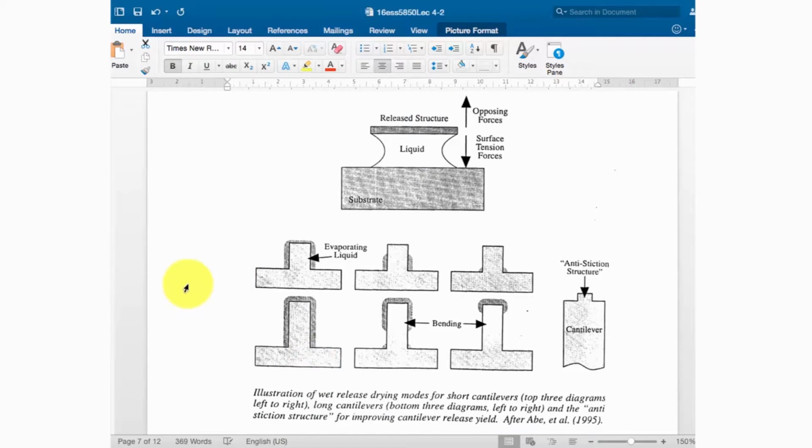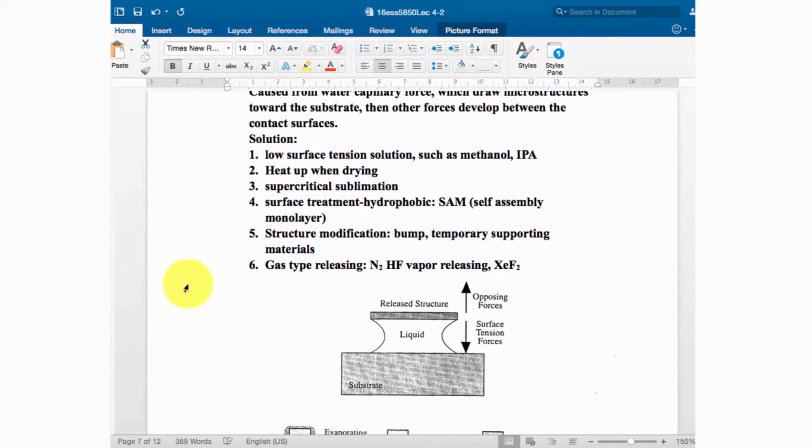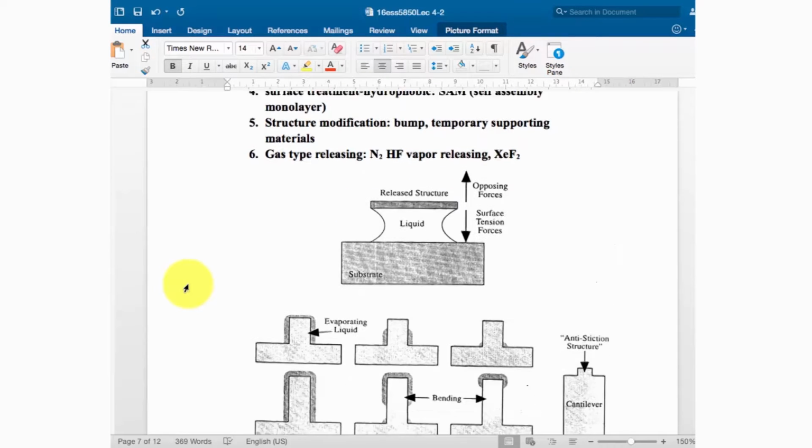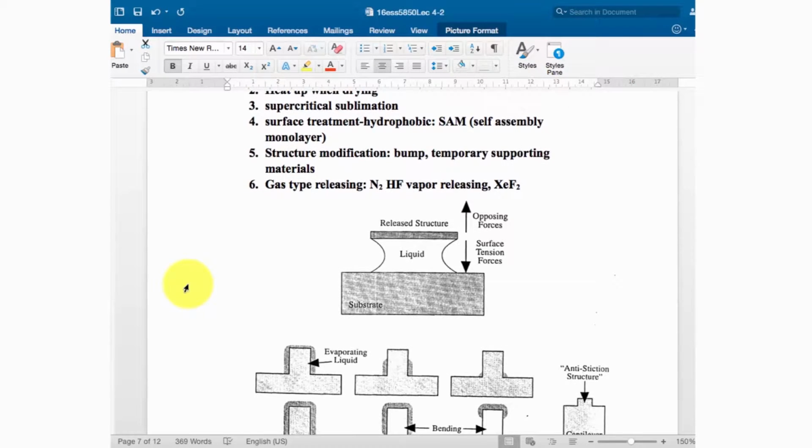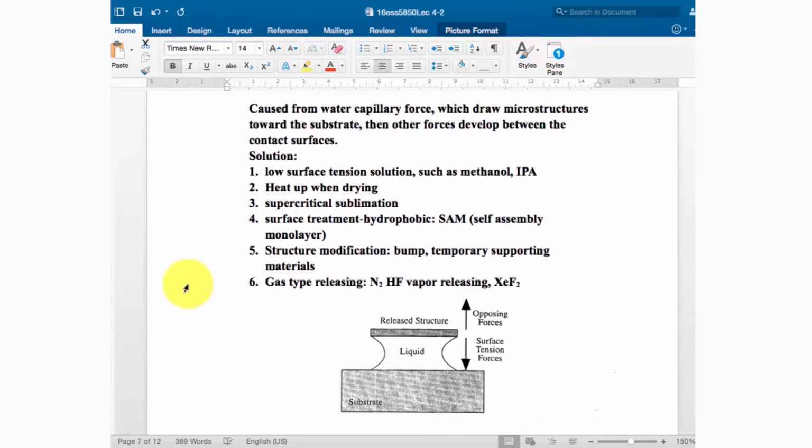In the lab, because it comes from surface tension, we are thinking about how to reduce the surface tension during the process. The surface tension of water is actually quite strong. So one way we can try to reduce the surface tension is by replacing the water with a different kind of solution, for example, alcohol.